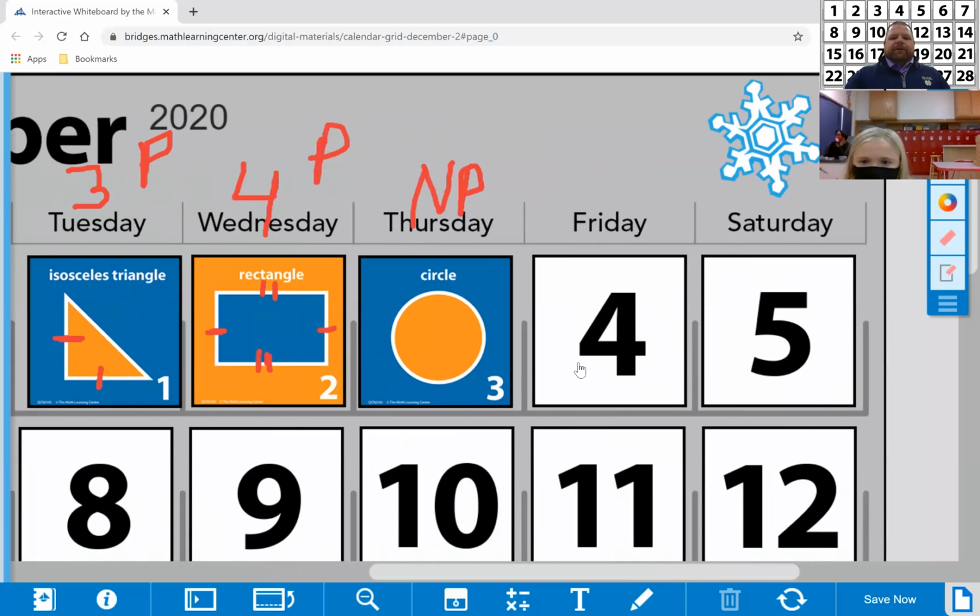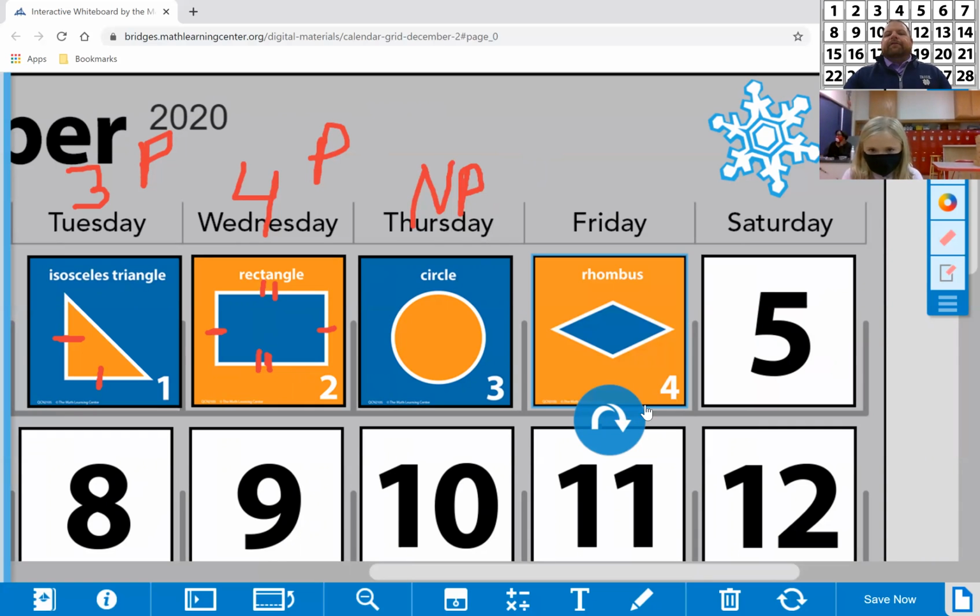What do you think day 4 is going to be? Now I think it's going to be a square. Okay, and you might be right. I cannot figure this pattern out, Zara. It's a rhombus. Do you know what a rhombus is?